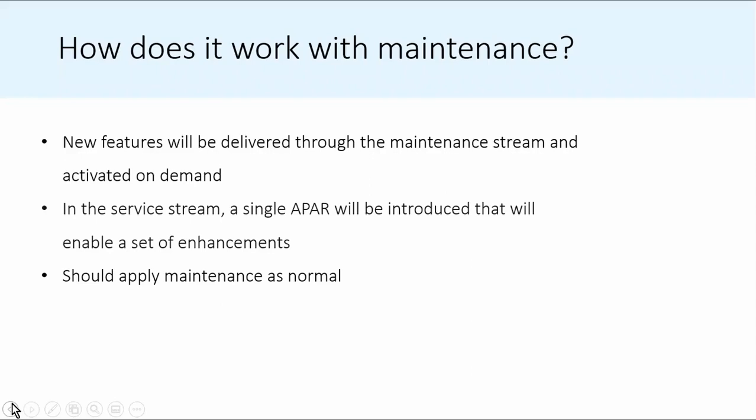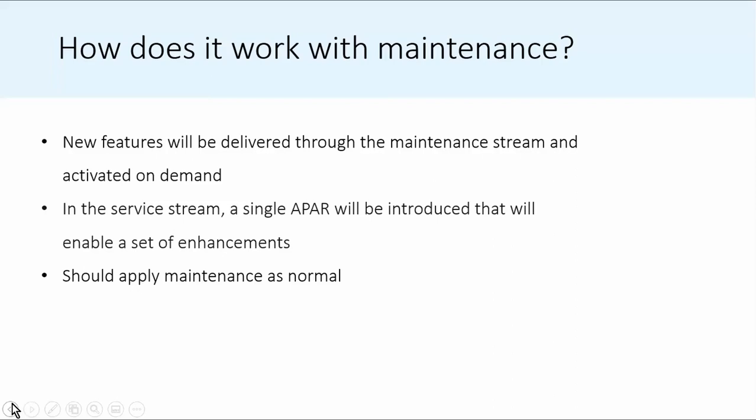So as part of the service stream, you will get an APAR that will be the one that says, okay, your service is now at, let's say, V12R1M507, and now that you have this maintenance, you can do the following things. You can do a CATMAINT for V12R1M507, and after that, you can do an ACTIVATE FUNCTION LEVEL V12R1M507.